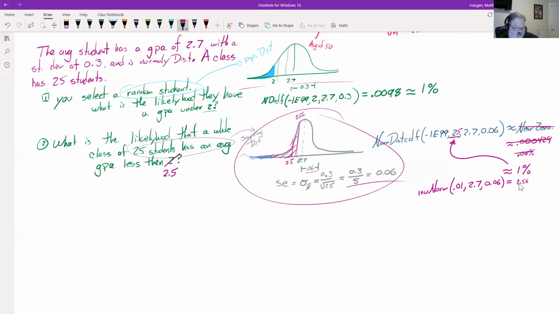whole one randomly selected student under 2. So a GPA of 2 is a 1 in 100 bad student. A GPA of 2.56 is a 1 in 100 bad class, by comparison.